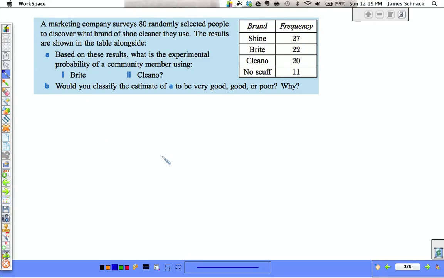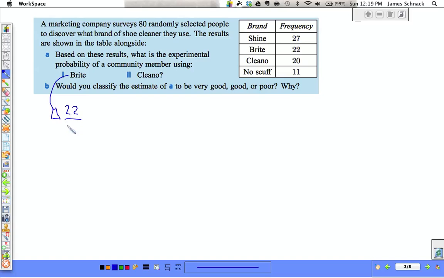So here we have some shoe cleaners, Shine, Bright, Cleano, and No Scuff. We take a survey of 80 randomly selected people to find out what product is most prevalent. So based on the results, what's the experimental probability of a community member using Bright? So how do we find that probability?